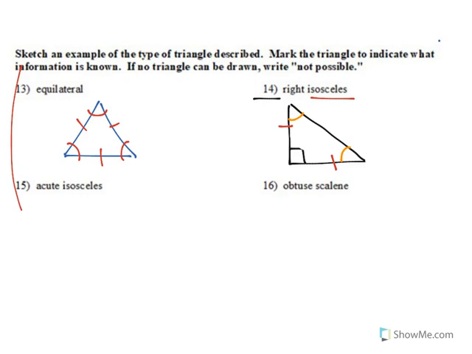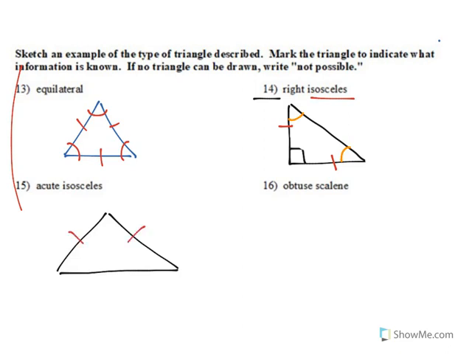Let's take number 15, an acute isosceles. Isosceles tells me that I have 2 sides equal, right? Which means the angles, let me redraw this a bit.